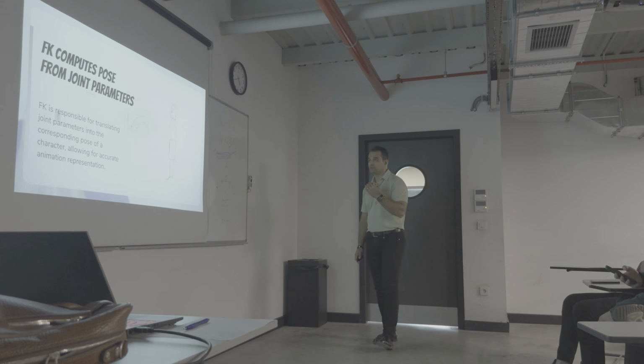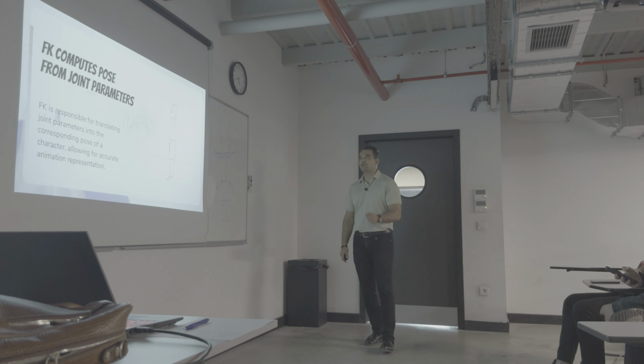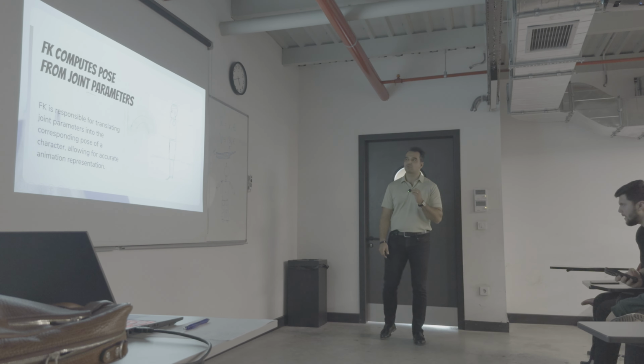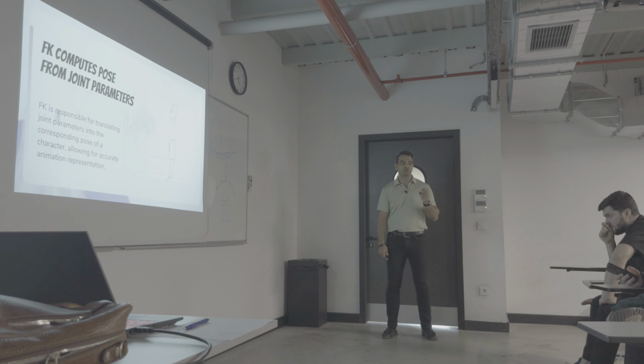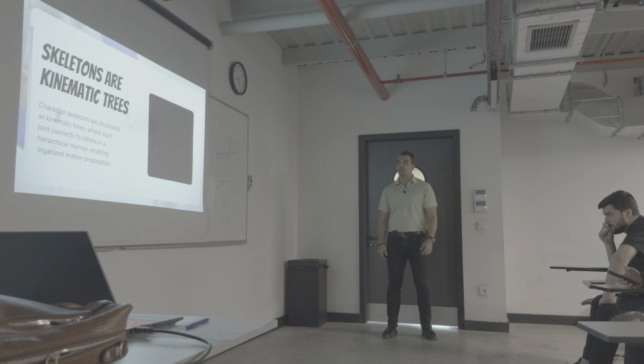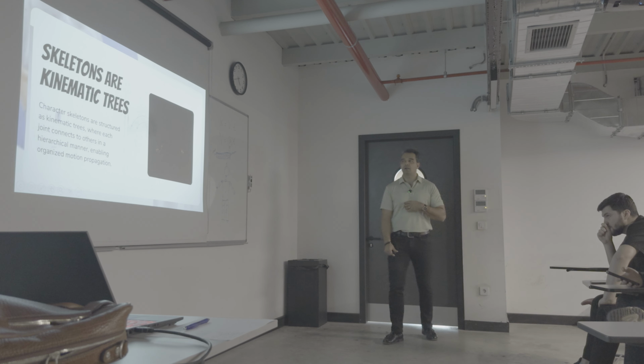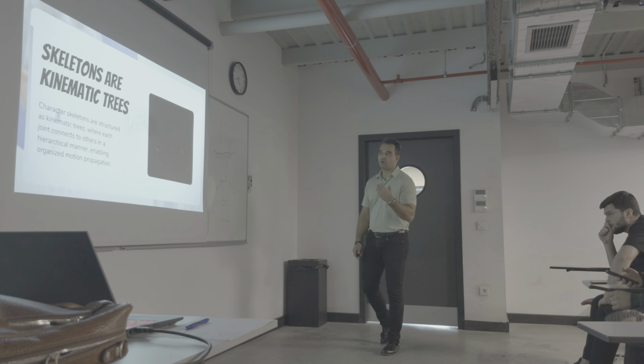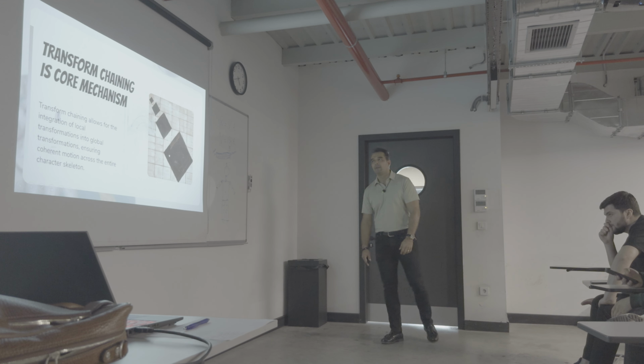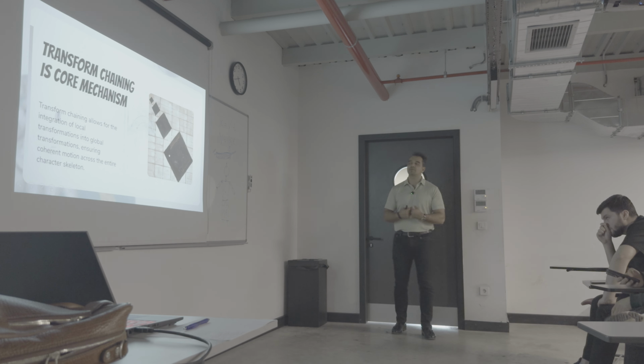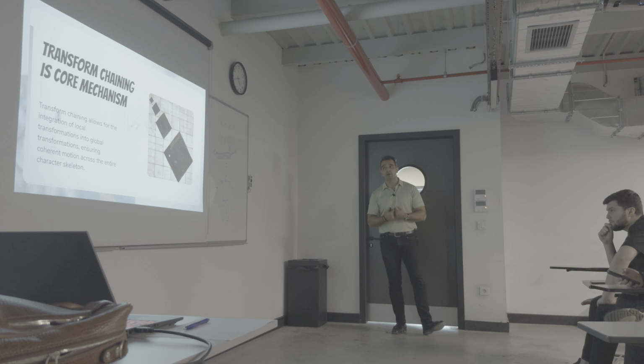When we come to the key takeaways, forward kinematics computes pose from joint parameters. Skeletons are kinematic queries for our character. Transform chaining is our core mechanism.